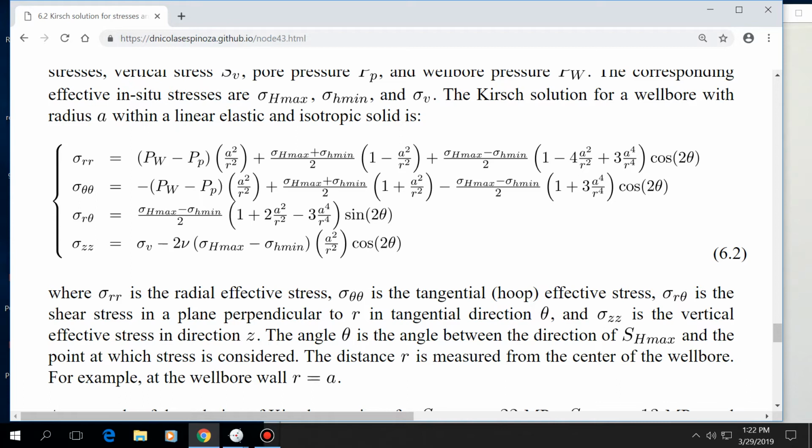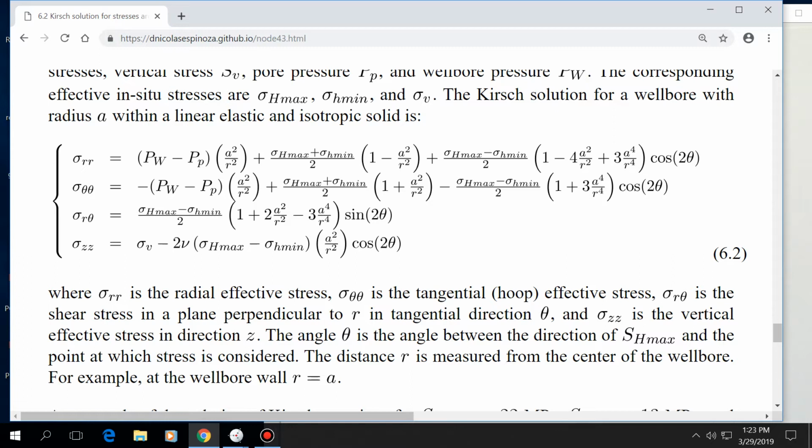Sigma theta theta. If A is equal to R, then this is going to be 1. What about this one? It's going to be 2, and this one is going to be 4. But we still have the cosine of theta there because we are making this for all the cases.